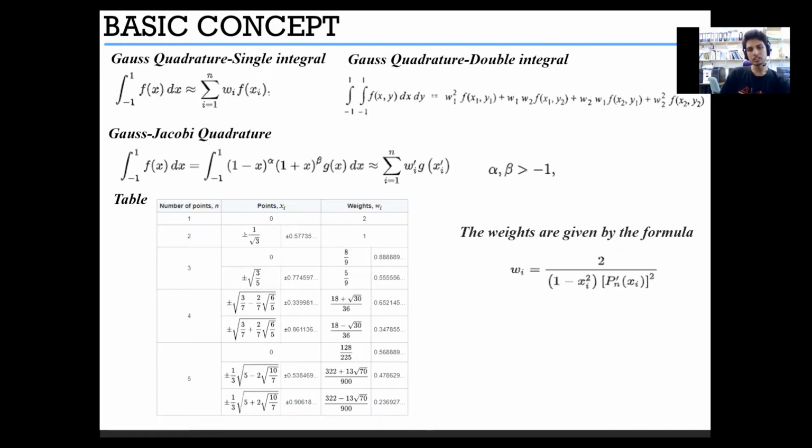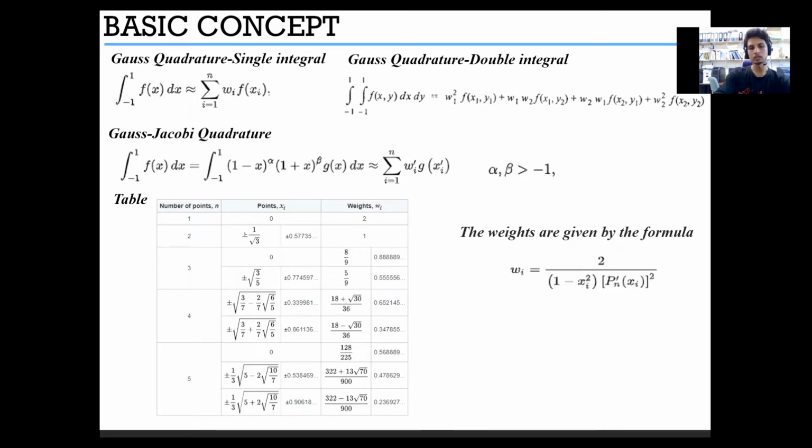Instead, the integrand can be written like this, where you can see g(x) is well approximated by a low degree polynomial. Then the alternative nodes, which can be called x'i, and the weights w'i, will usually give more accurate quadrature rules.